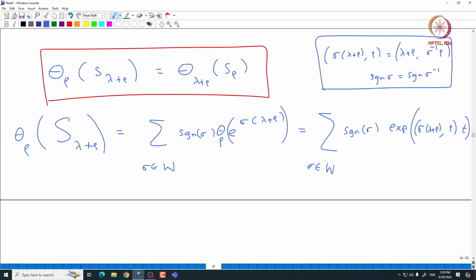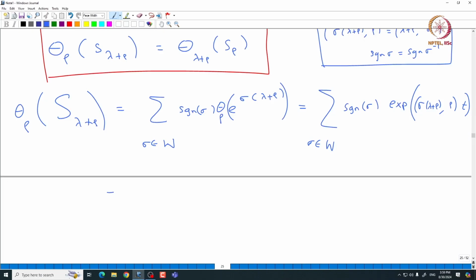Using these two observations you can rewrite the right hand side. That is going to be exactly equal to the summation over sigma in W of sign of sigma times the exponential of lambda plus rho comma sigma rho times t.